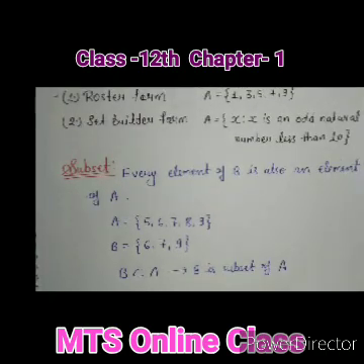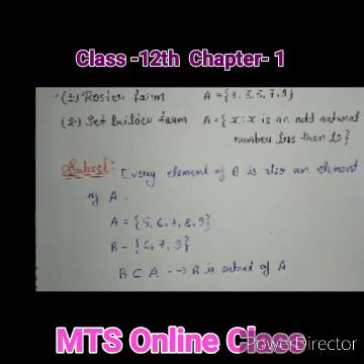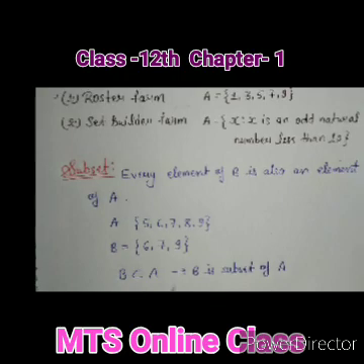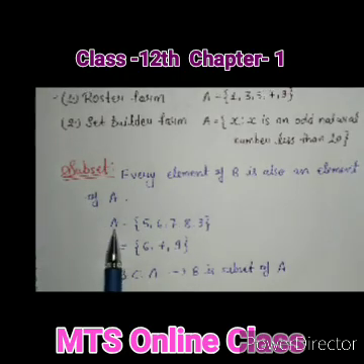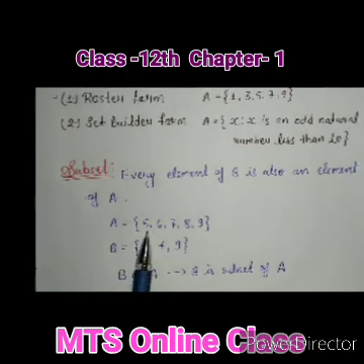Next, we have subset. Subset relates two sets, so we need two sets here. Like we take A is equal to 5, 6, 7, 8, 9 and B is equal to 6, 7, 9.